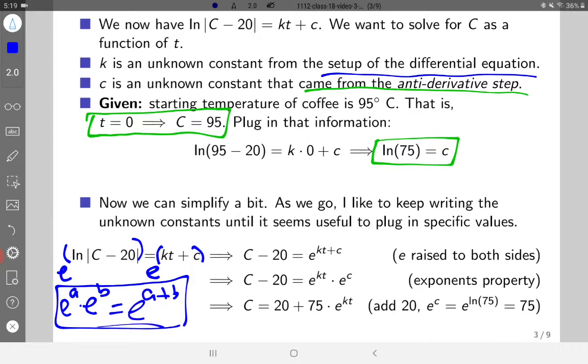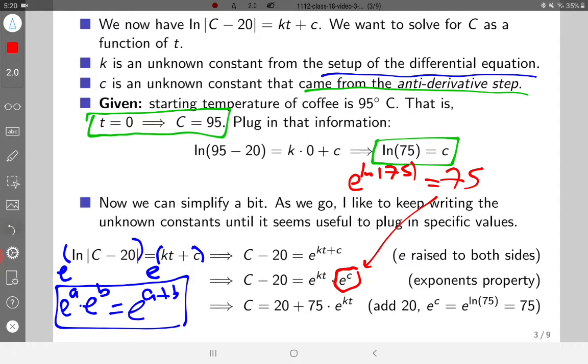I'm using this multiplicative property kind of backwards, you could say. But the reason I'm doing that is because what is e to the c? Well, e to the natural log of 75 is just exactly 75, and that allows me to replace that e to the c with that 75 there.